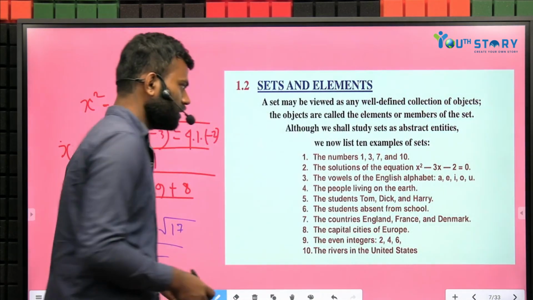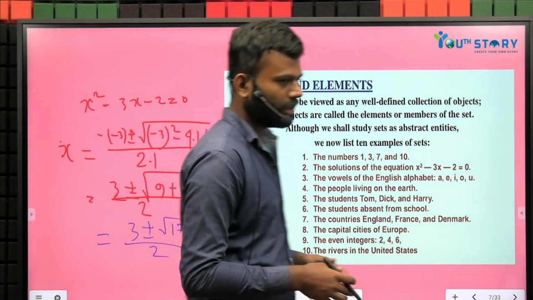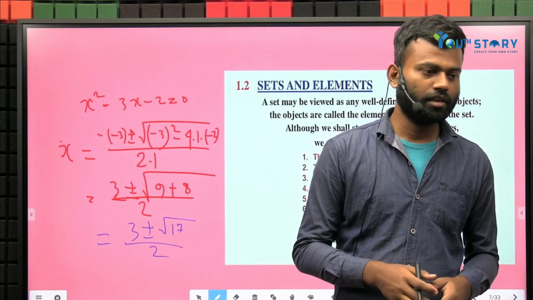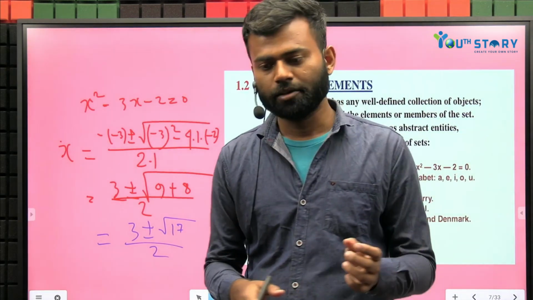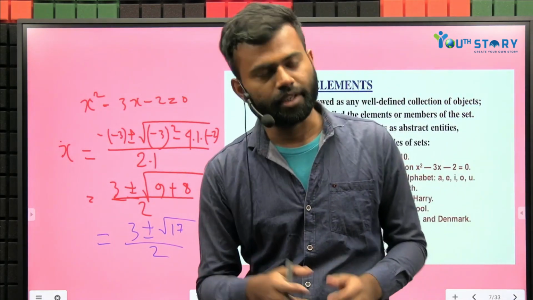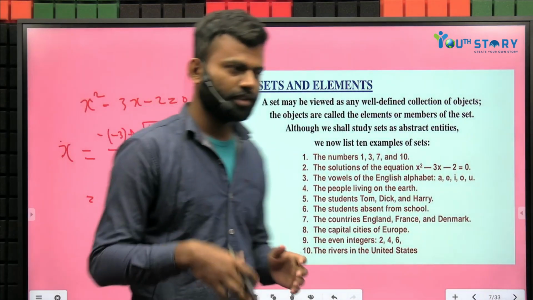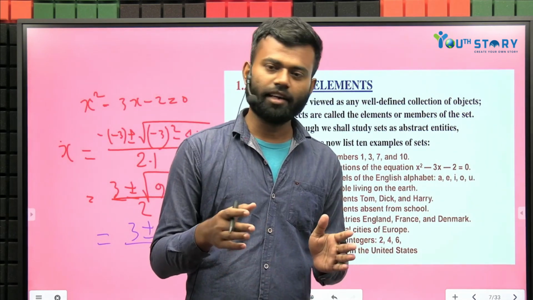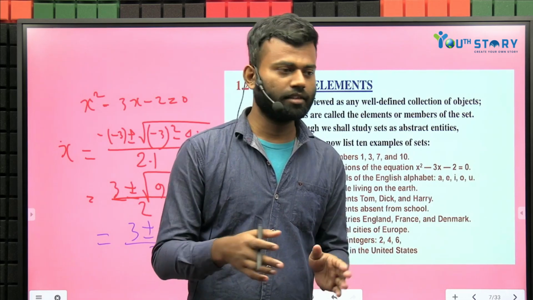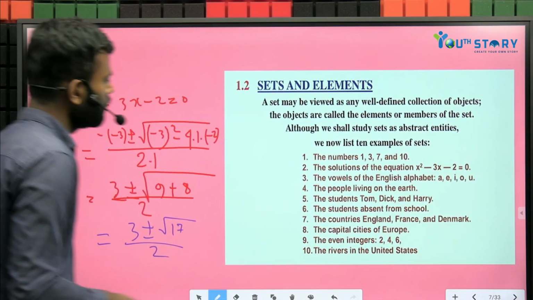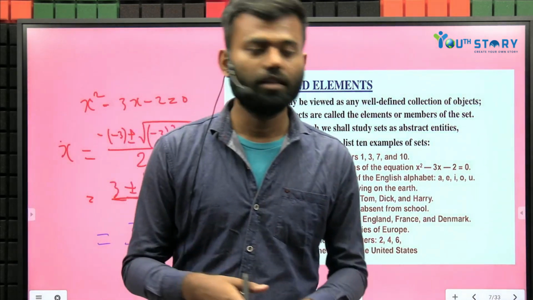Similarly, the vowels of the English alphabet A, E, I, O, U, all are distinct, and we are taking the vowels only, so this is specific. So this collection again forms a set. The people living on the earth, they are all distinct. Maybe they are identical, but according to DNA structure etc., they are all distinct, and the collection is well defined, since we are taking only people, not any other.